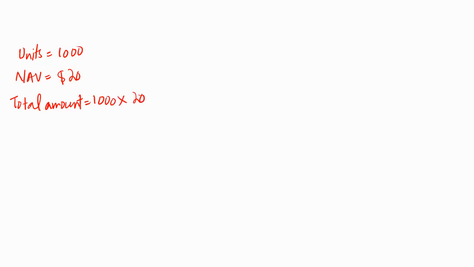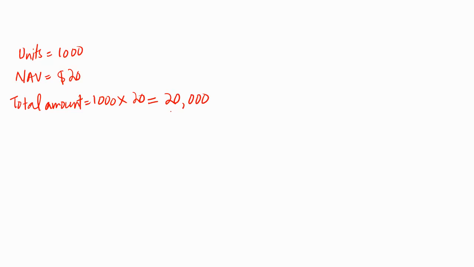We have units 1,000. Our current NAV is $20. So the total amount which will be invested by the RIC will be 1,000 shares or units multiplied by $20 NAV per share, which is equal to 20,000.